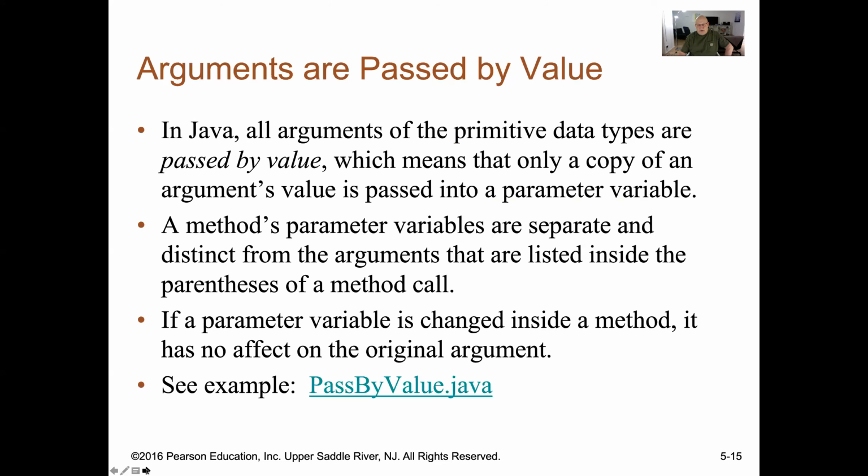Arguments are passed by value. In Java, all arguments of the primitive data types are passed by value. Method parameter variables are separate and distinct from the arguments. If a parameter variable is changed inside a method, it has no effect on the original argument.